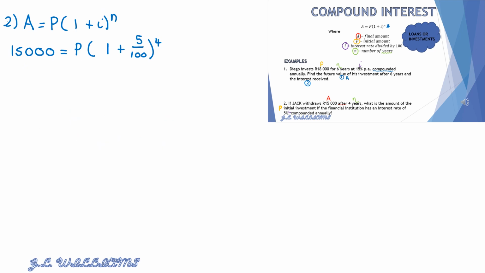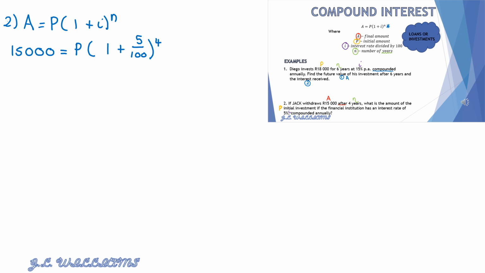So we now move on to the last example, which is about Jack. So again, Jack withdraws 15,000 after 4 years. So we have the after amount, the 15,000 as the after amount, and then they say that they want the initial amount P. If the interest rate was 5%, compound interest, I already have the formula up top. I substituted the values, and now it's just a matter of solving these equations, right?